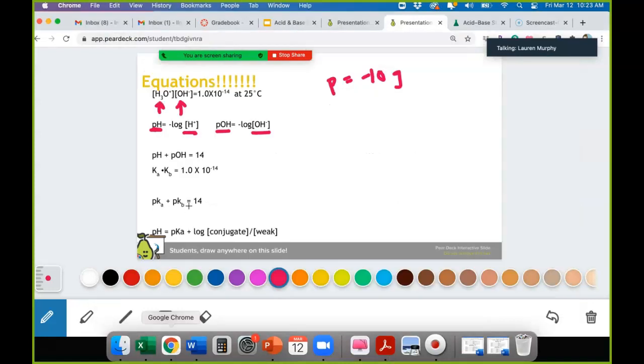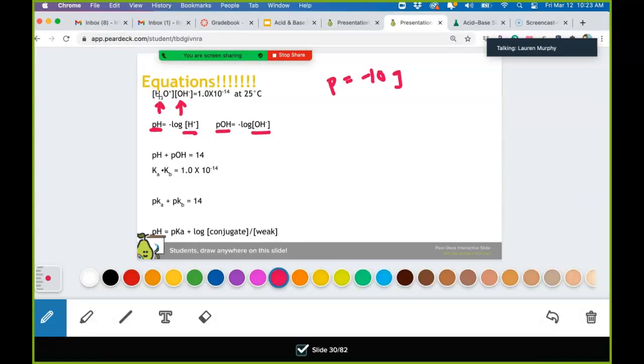Okay. So then what you can do, if you take opposite the log of this, and that's pH, and you take opposite the log of this, and that's POH, please take opposite the log of this and tell me what it is.